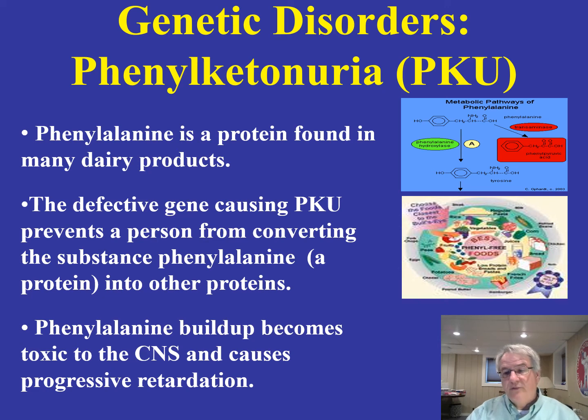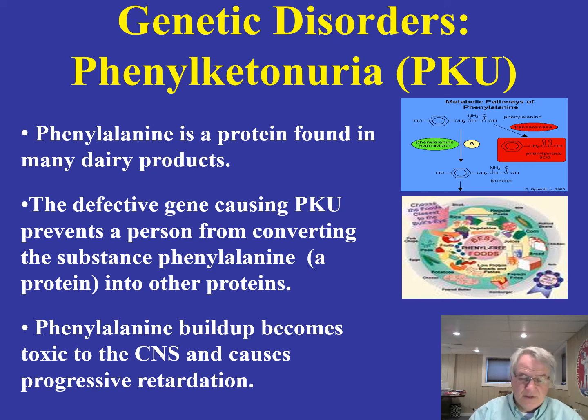But you can prevent the manifestation of this disorder by simply placing a child at a very early age on a low phenylalanine diet. So the toxic effect of the absence of this gene and the inability to convert phenylalanine simply isn't going to be allowed to express itself if the individual is put upon a low phenylalanine diet.